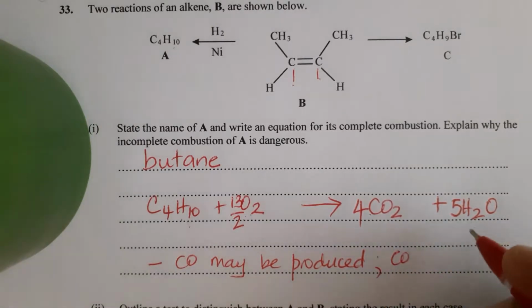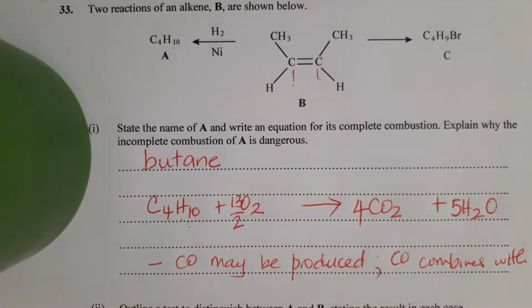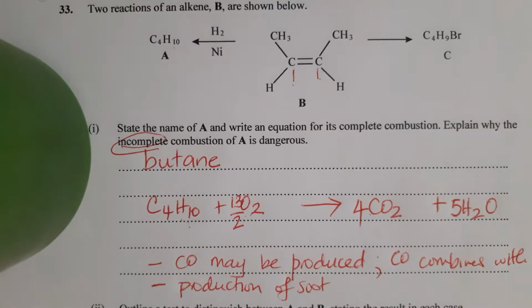Remember that carbon monoxide is able to combine with hemoglobin in the blood, and that can be very toxic. Something else you could have written as well is that the production of soot, that could also be a problem that could arise due to incomplete combustion. Note carefully, the question specifically stated incomplete combustion.